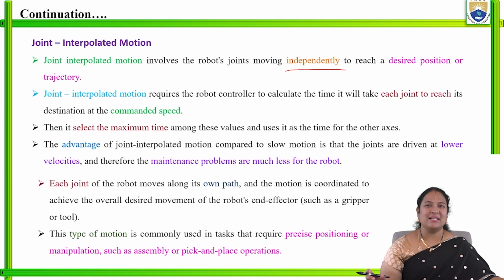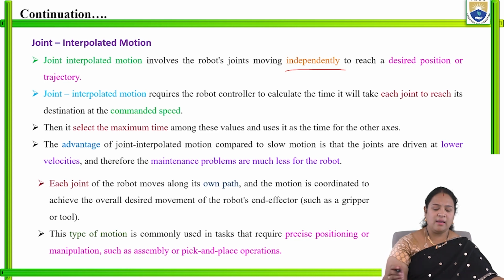By selecting the maximum time amongst the values being used, we can do the calculations more easily when it is applied to some other type of robot. That is, the joint interpolation motion requires the control of the robot to calculate its time, which helps each joint reach its destination at the commanded speed.